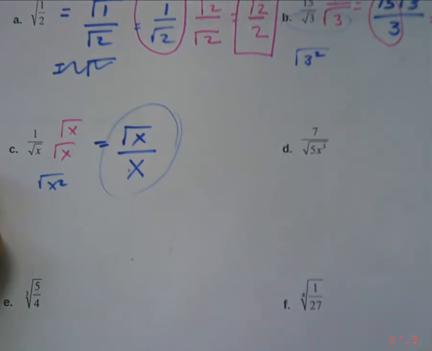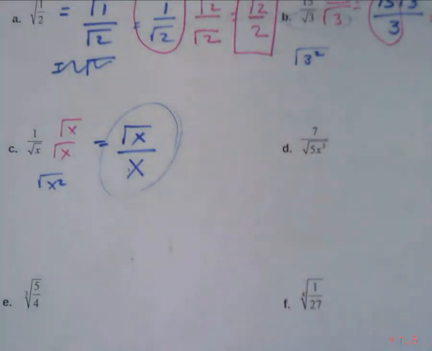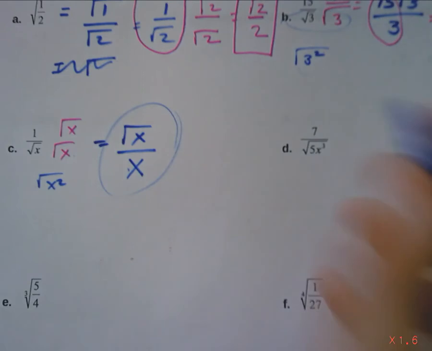So I'm going to take a look at D. All right, so I've got 7 over the square root of 5x cubed. Now, technically, I can simplify this a little bit before I rationalize. So if I can, I'm going to try to simplify. If I take a look, the square root of 5, there's no pairs.